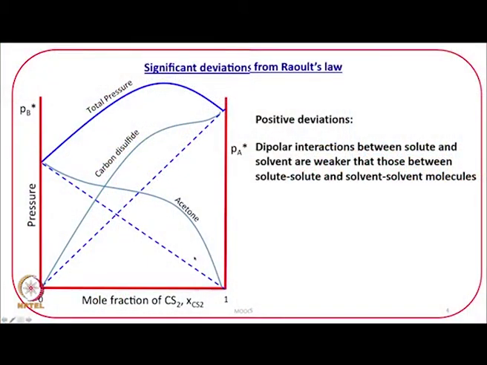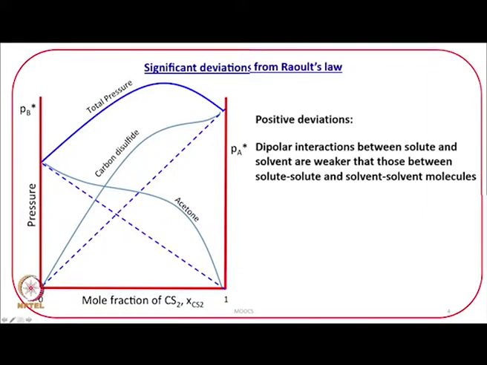And that is what is commented over here, that dipolar interactions between solute and solvent are weaker than those between solute and solute, and solvent and solvent molecules. In such a case, we will get positive deviations, and that is what happens in the case of carbon disulfide and acetone. Overall, you see, it shows a positive deviation.